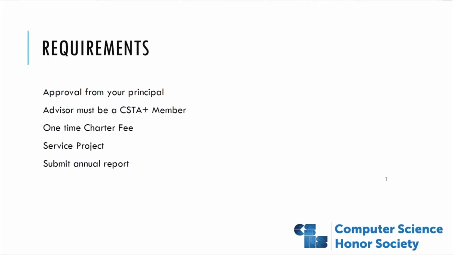We're actually having an Indiana meeting tomorrow, so I can give you those details too. But CSTA Plus is a special membership that gives you more features, and it requires a $50 fee. So I think you can look at having your school pay that, but that is a yearly fee to be a CSTA Plus member. There are discounts offered sometimes at certain events, so you want to keep an eye out for those too. There is a one-time charter fee, which I'll go over later.